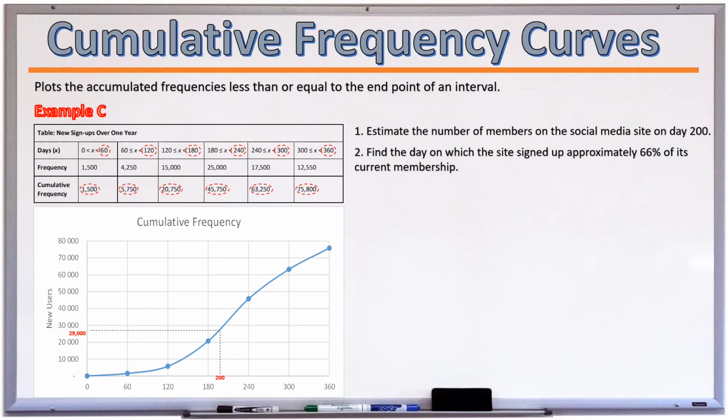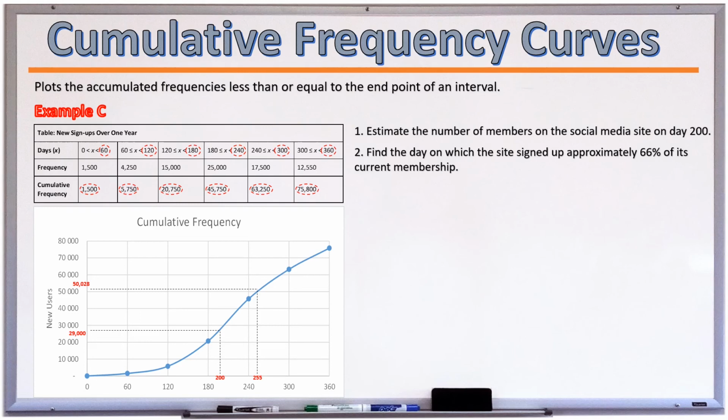We would then need to find the value of 50,028 on the y-axis, and then find the corresponding x-axis value. This would represent the day when the site reached 66% of its membership. This is shown in the graph below. We can estimate from the graph that the site acquired 66% of its membership on day 255.